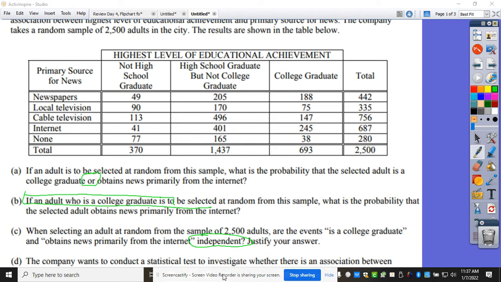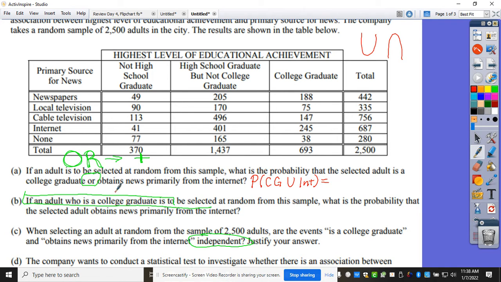I usually say we associate the word or with what math function. Adding. And then sometimes what? Subtracting. And this deals with mutually exclusive, not mutually exclusive. So we have college graduate or internet, and I'm going to shorthand it without giving myself a key because I don't have much room. I need to know if those two are what?